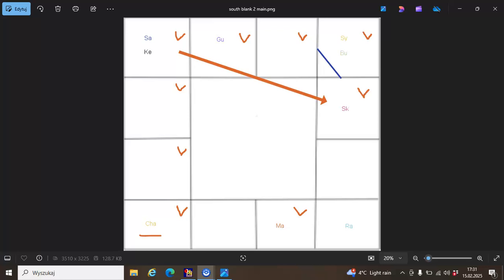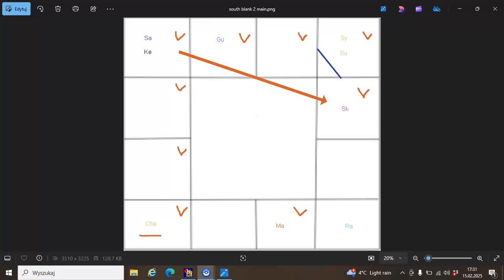Libra is an odd sign, so we need to count clockwise to its ruler, which is Venus or Shukra, and see how many signs Shukra has moved away or traveled from the sign of Tula which it owns.